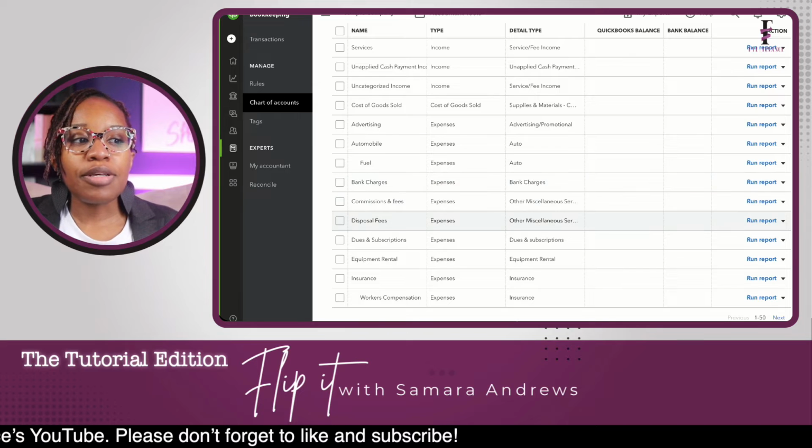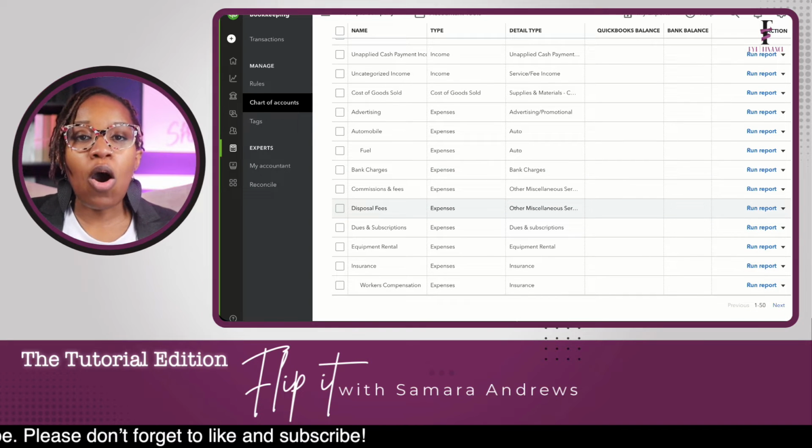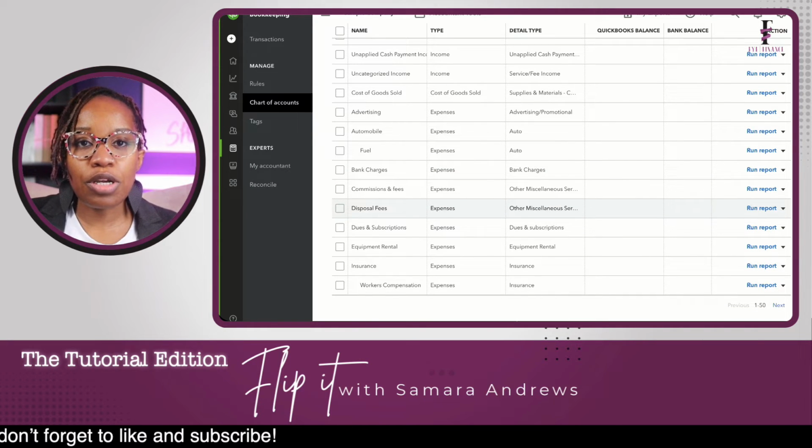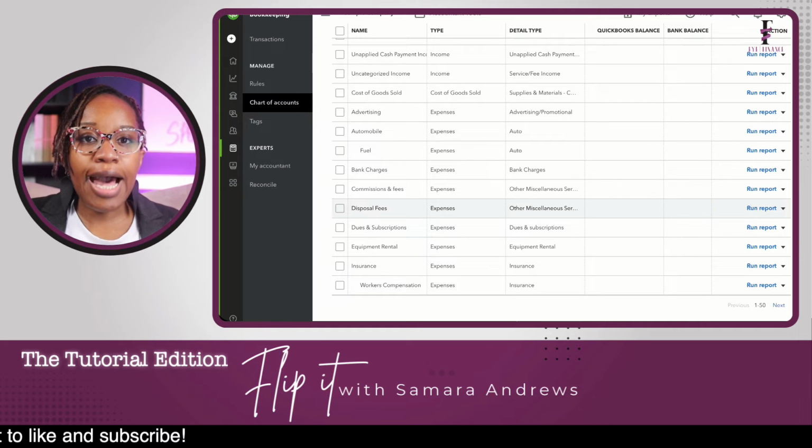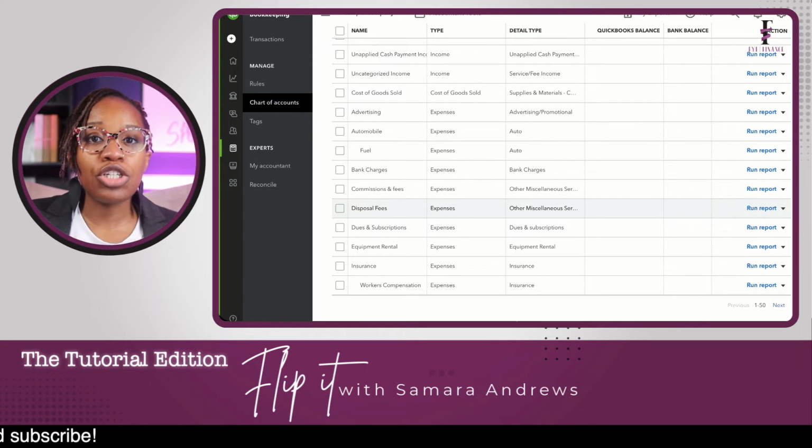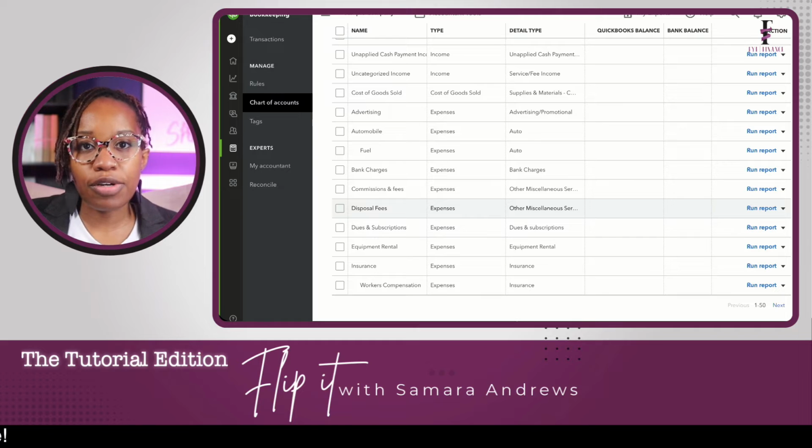And so it's important, again, that all of the transactions that are being recorded in QuickBooks are being properly allocated to each GL account or each chart of account, okay?